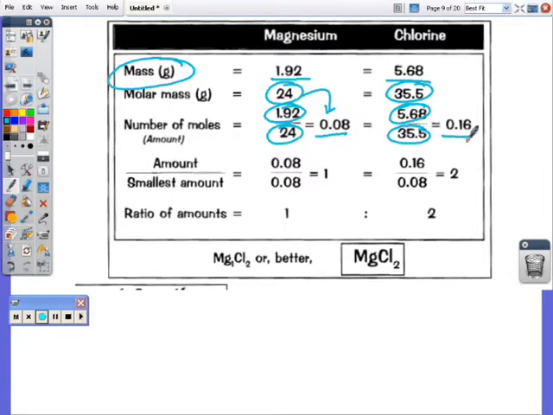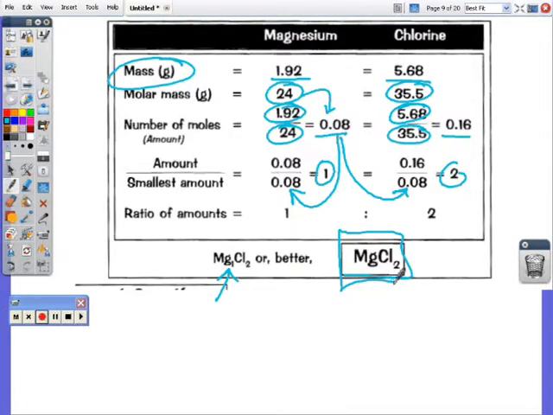We take the smallest number, which is obviously the 0.08, and we divide it into both the other numbers, and we get a ratio of 1 to 2 in that instance, and that gives us Mg1Cl2, or the way we write it for an examination answer, MgCl2.